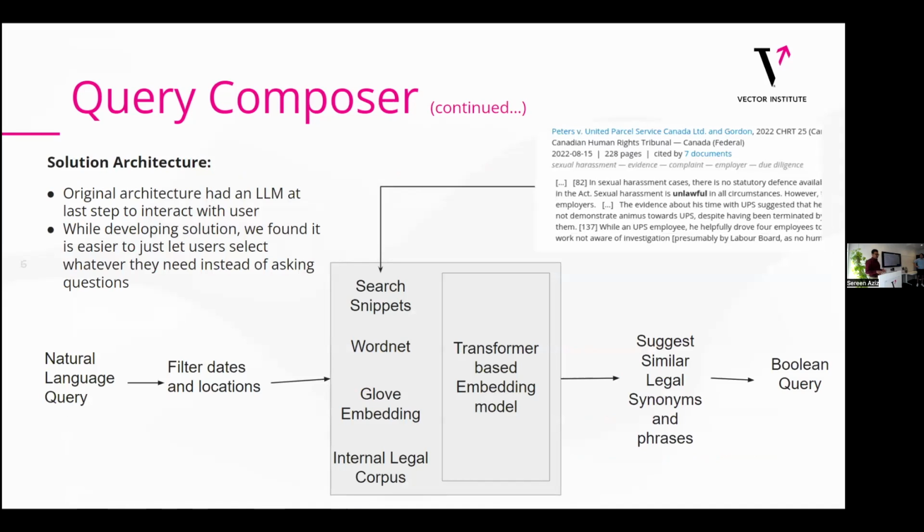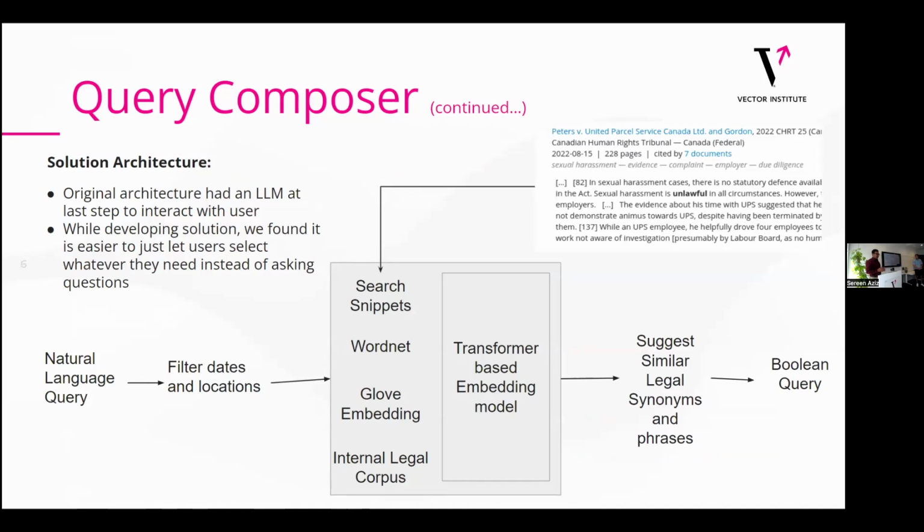So this is a high-level overview of the solution where we take the natural language query, and we filter some dates and locations, which are standard filters on the database. Then we pass it through WordNet and GloVe embeddings, and we have collected an internal legal corpus of about 30,000 keywords and phrases.